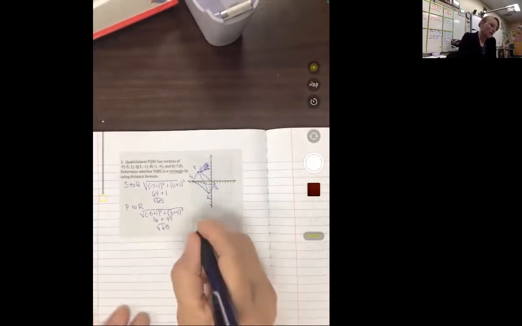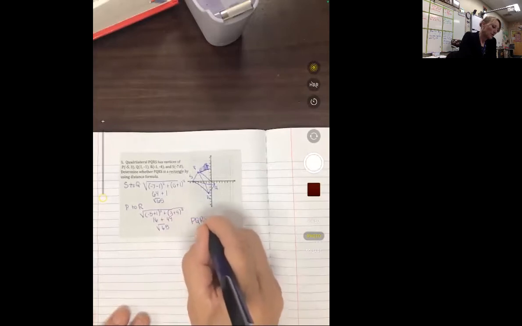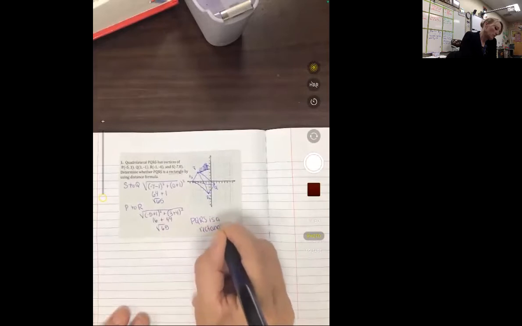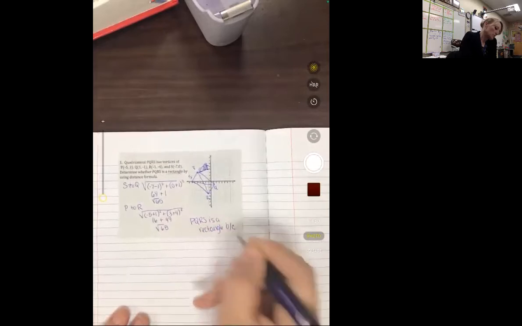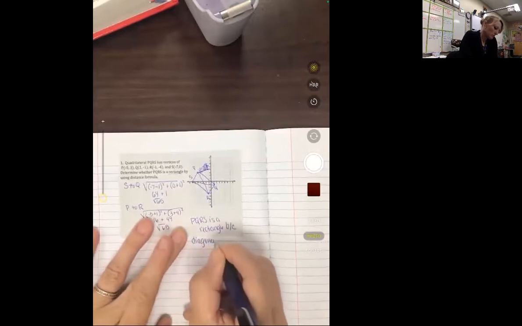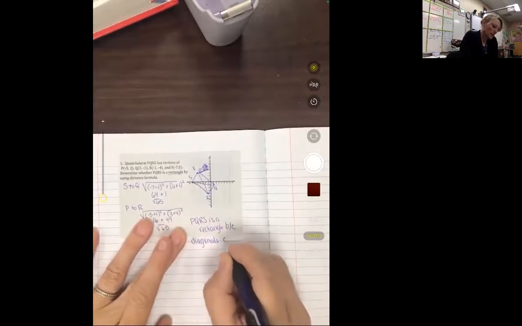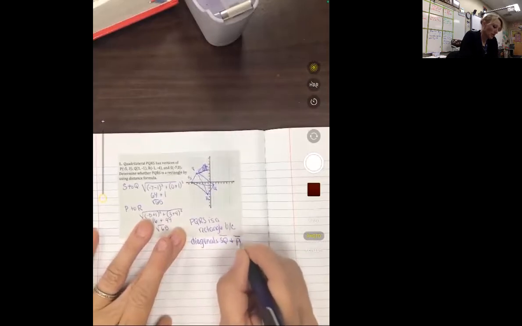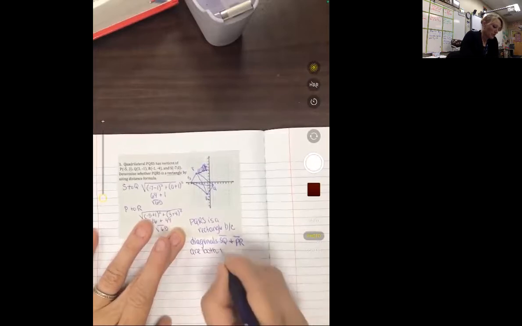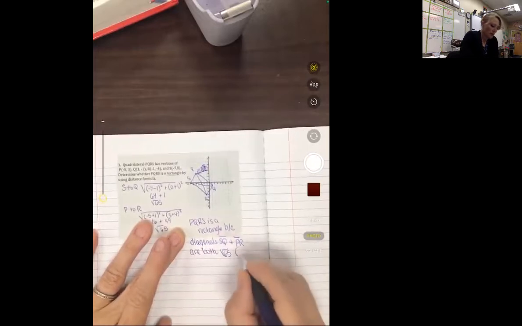So we can determine that PQRS is a rectangle because diagonals SQ and PR are both root 65, so they are congruent.